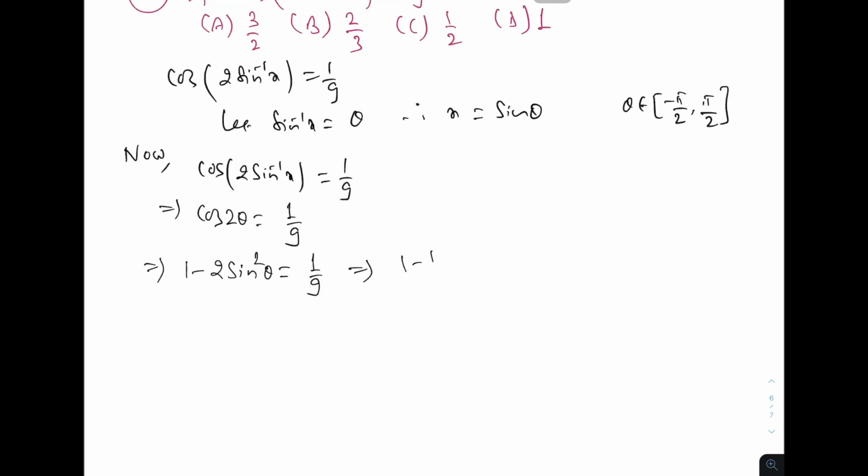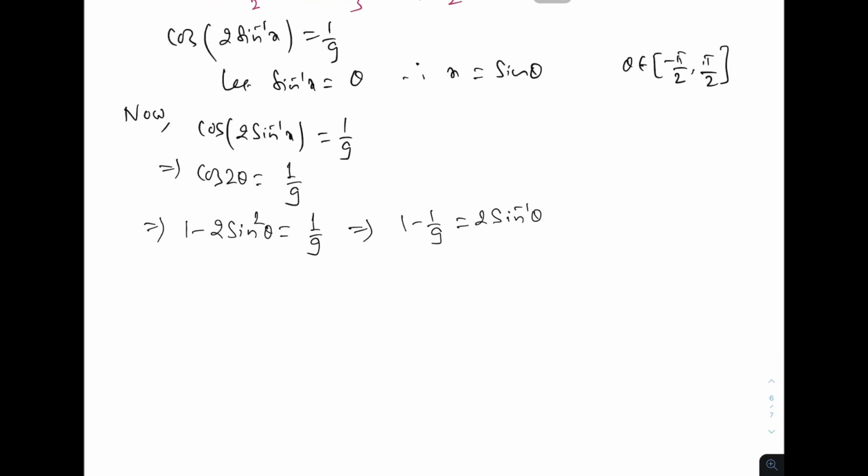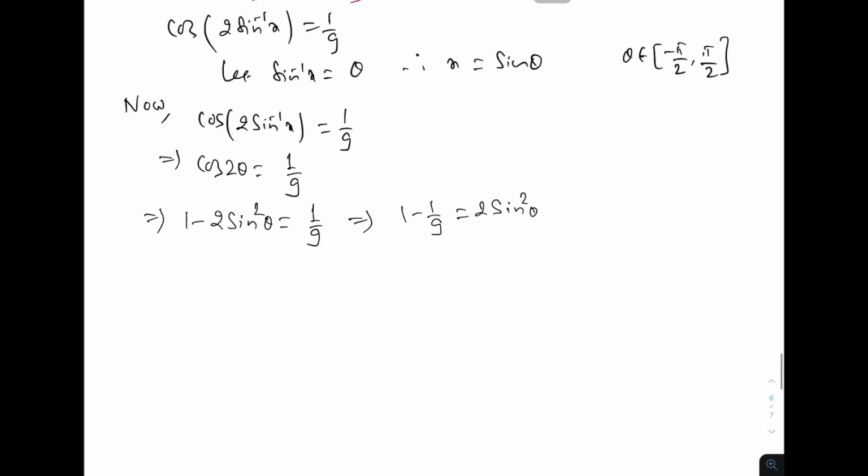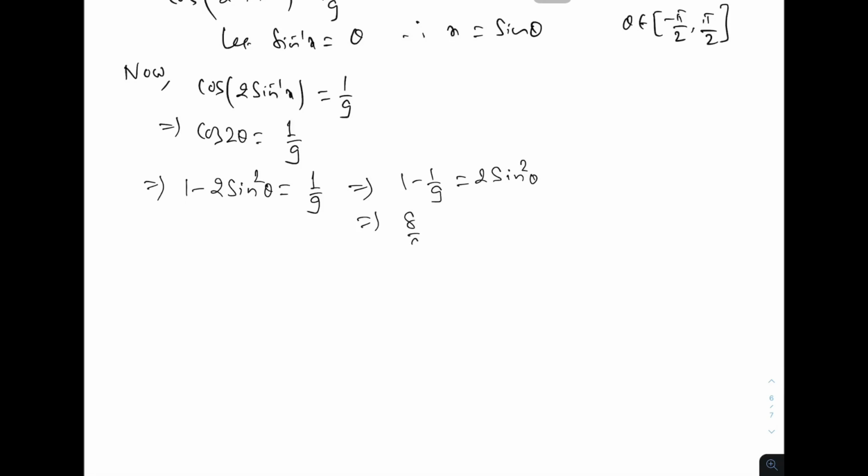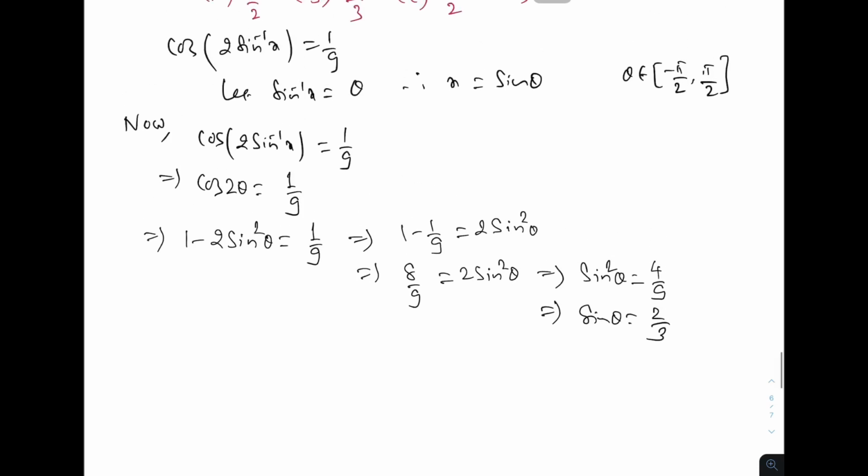So this would imply 1 minus 1 by 9 equal to 2 sine square theta. And so 8 by 9 equal to 2 sine square theta, and sine square theta equal to 4 by 9, and therefore sine theta equal to 2 by 3.